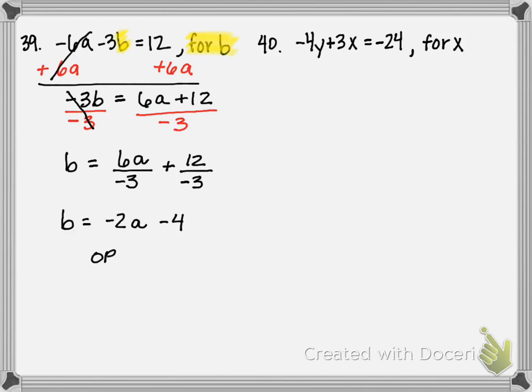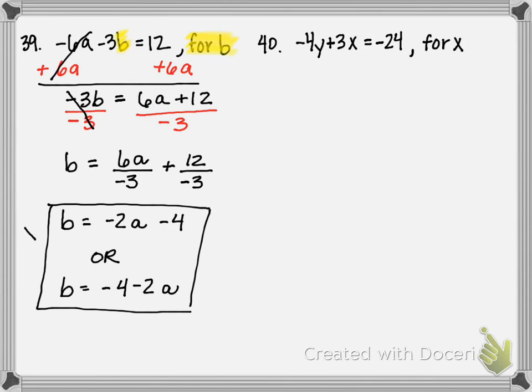So just in case you didn't have your a's first, you could have had negative 4 minus 2a. Both of those answers are correct. But you do now want to simplify. So we don't want to leave it here. We want to make sure we simplify further.